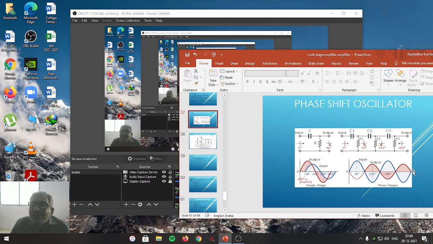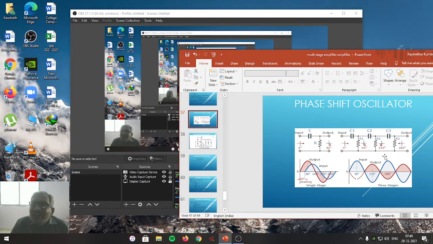Thus, the 3 RC ladder network produces a phase shift of 180 degrees, and if its output is given as an input to the common emitter amplifier, the common emitter amplifier produces again a 180 degree phase shift.